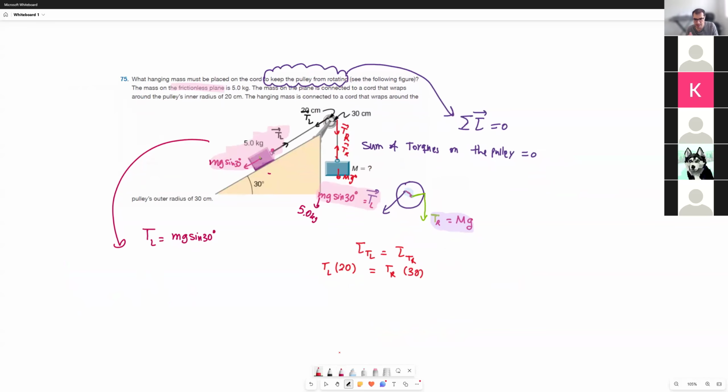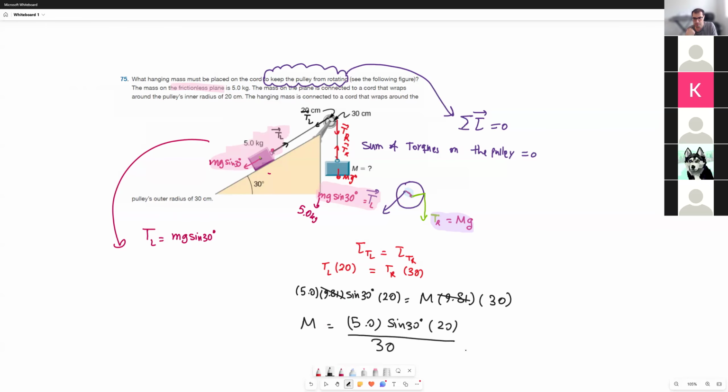Then TL would be mg sine theta: 5.0 times 9.81 times sine of 30 degrees multiplied by 20 equals TR, which is big M times 9.81 times 30. The 9.81s are going to cancel out, and you will find the answer.